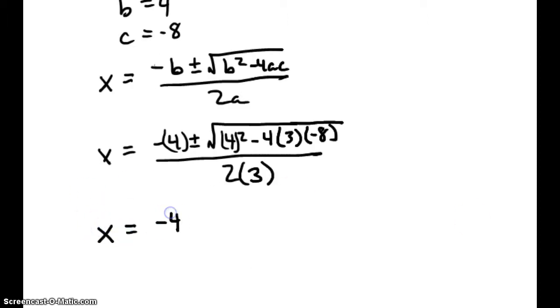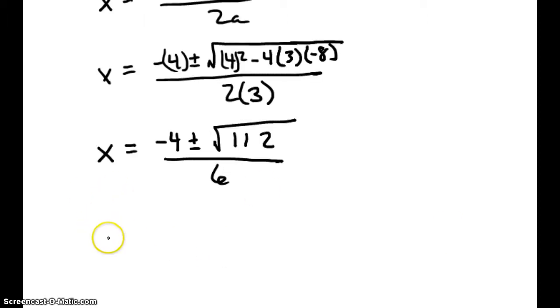X is equal to negative 4 plus or minus. From part C, we found out that the discriminant was 112. So we have the square root of 112 over 6. And we're not done yet. I know a lot of people are probably tempted to leave it like this. We're not finished.